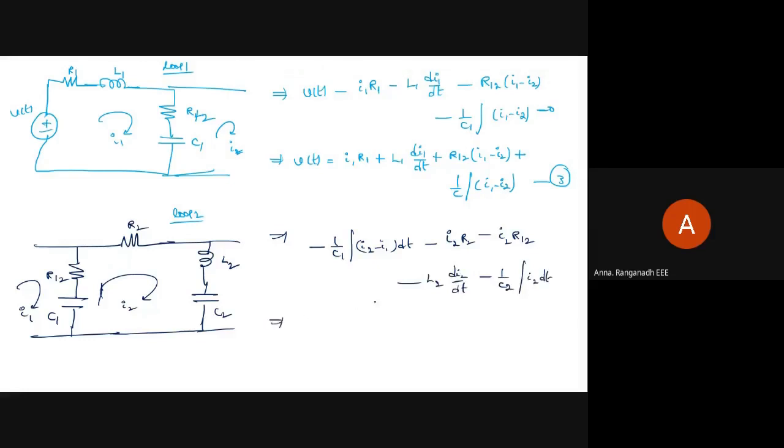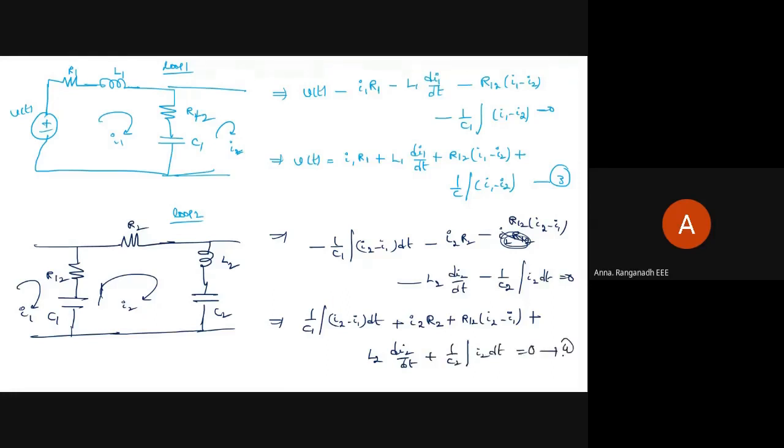If you simplify this, all will be minus, equals to 0. If you simplify this, you may get 1 by C1 integral I2 minus I1 dt plus I2 R2 plus R12 into I2 minus I1, sorry, this term was a mistake. Because in this resistance I2 current is flowing and I1 current is flowing, therefore you can write R12 into I2 minus I1, plus L2 di2 by dt plus 1 by C2 integral I2 dt equals to 0.